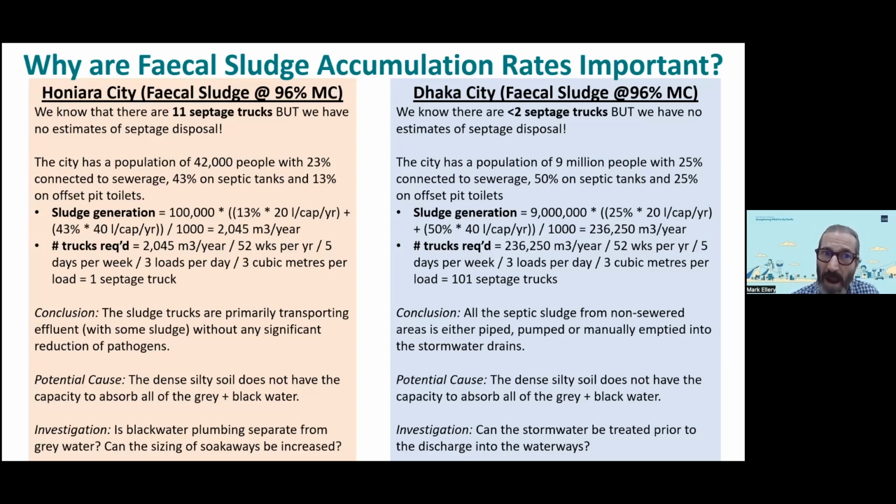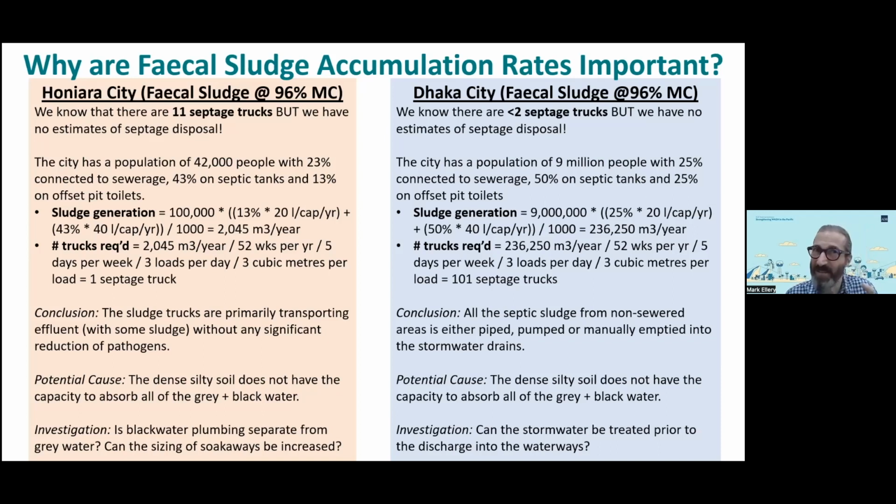If you look at Honiara City, we know that they have roughly 11 septage trucks in operation. But if we look at the sludge generation rates and the various technology options, and how much fecal waste people of the city would generate, we can come to the conclusion that the city really only needs one truck to handle the volume of fecal waste that would be generated in the city.